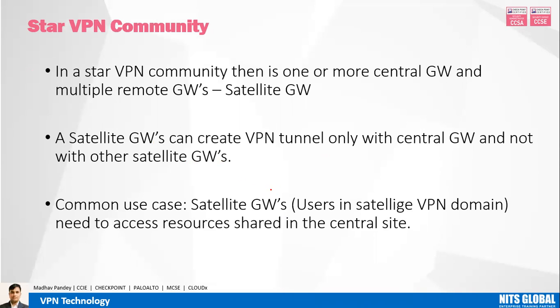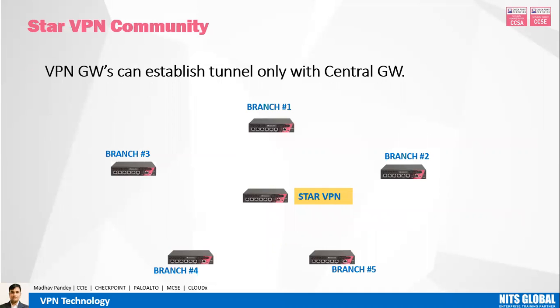A common use case is where users in the satellite VPN domain need to access resources shared only at the center, just like one head office and all branch offices. That is your common case. Example is this. So this is my central gateway, and these are all my satellite gateways. So everyone has to connect to the central gateway only.